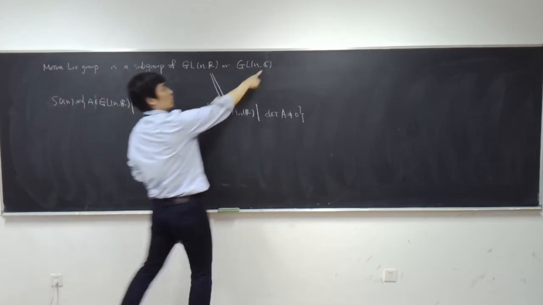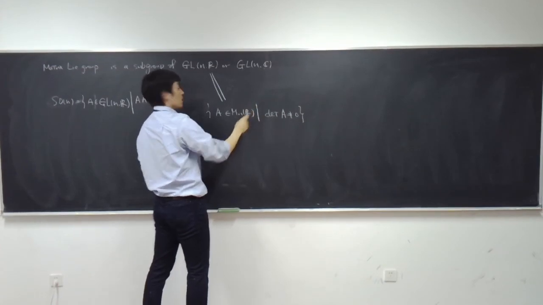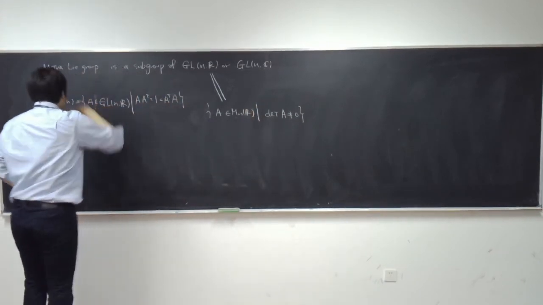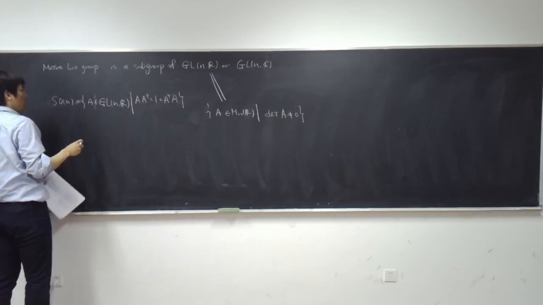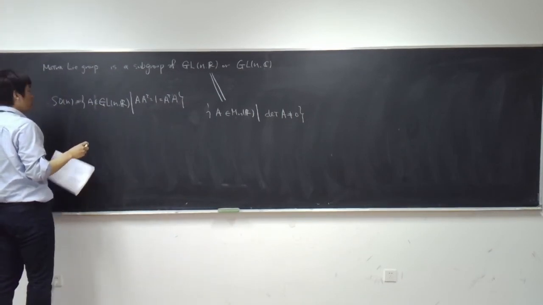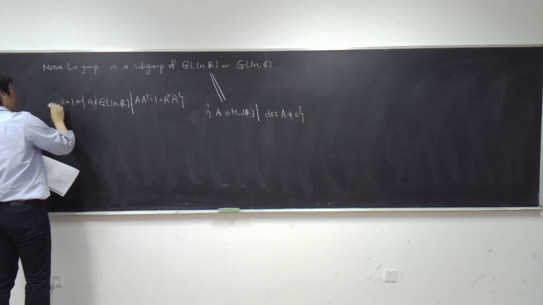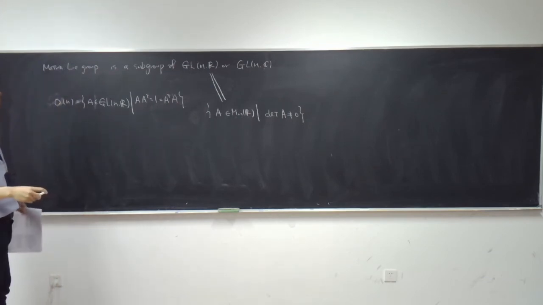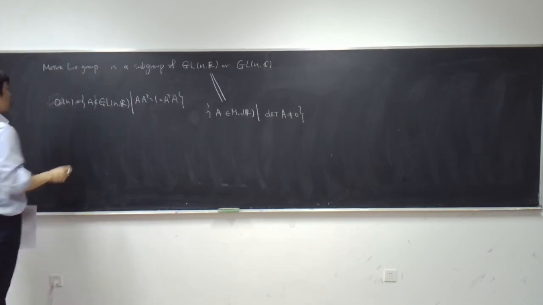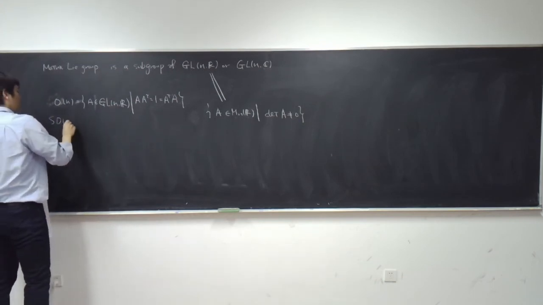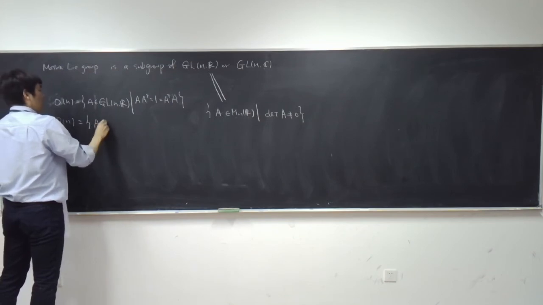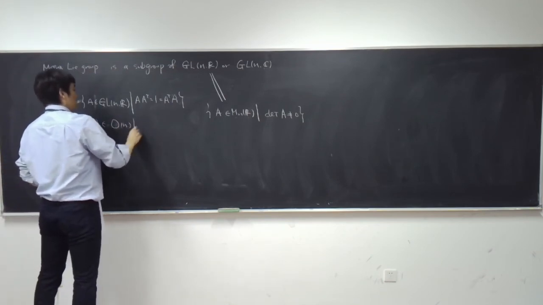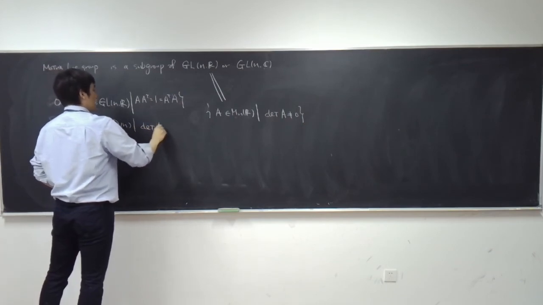And if you want to go to C, you just replace R by C. Oh my goodness, I think I told you wrong. This is just O(n). And SO(n) is the set of A in O(n) such that the determinant of A is equal to 1.